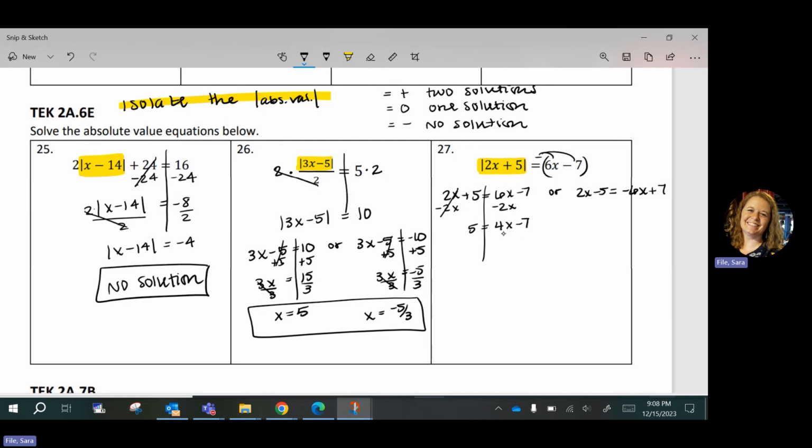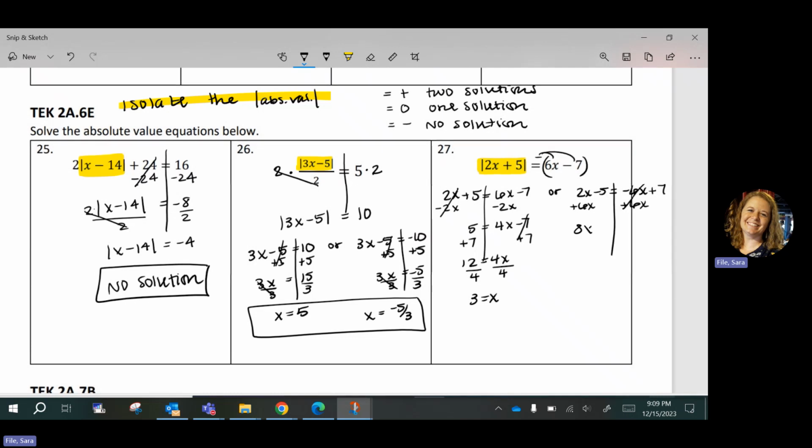So I've gotten the x's to one side, now I need to move the constants to the other. So I'm going to move the 7 over here with opposite operation. And then I'm going to divide out the coefficient of 4. So that's one of my solutions. Okay, over here I'm going to do the same thing, except this time it's 6x is negative, so to move it I would be adding it, so I'm going to move it to the left because that'll give me a positive.